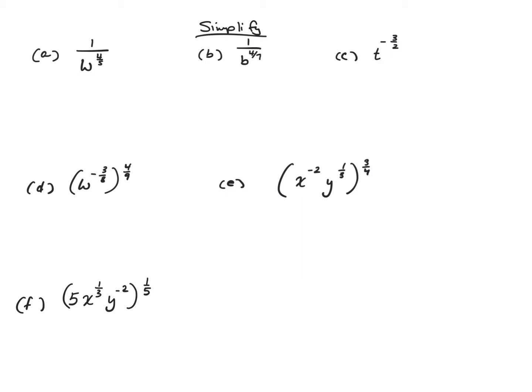So if I want to turn 4/5 into a whole number, what do I need to add to 4/5? Taking a look at example 1, it has 1 divided by w to the 4/5 power. What do I need to add to 4/5 to make it a whole number? Because then it's no longer a radical once you take it out of a rational exponent.